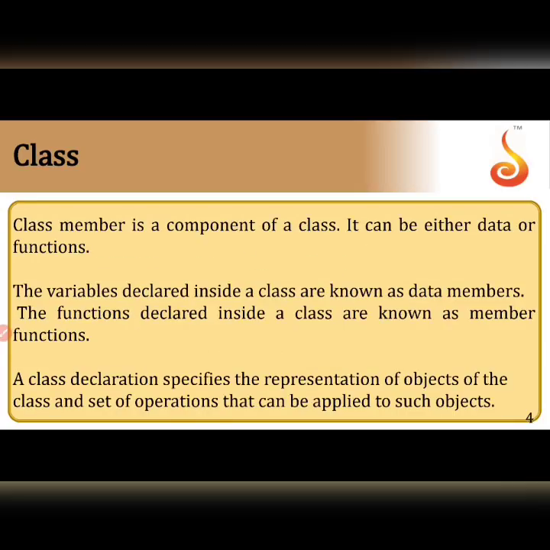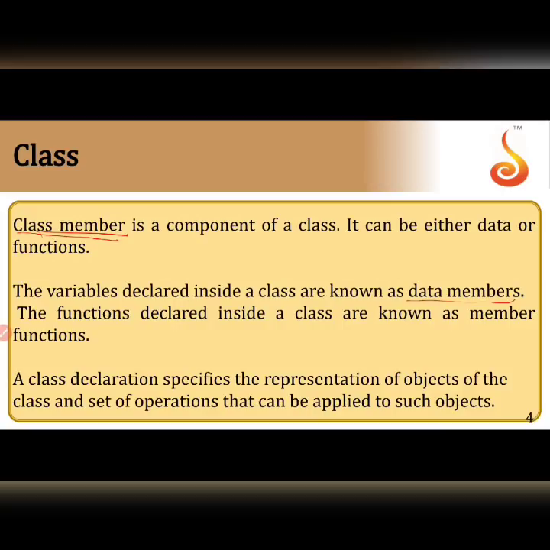Then we'll study what is a class member. A class member is a component of a class. So a class member can either be a data member or a member function. Anything inside a class is called a class member. The variables which are declared inside a class are called data members.